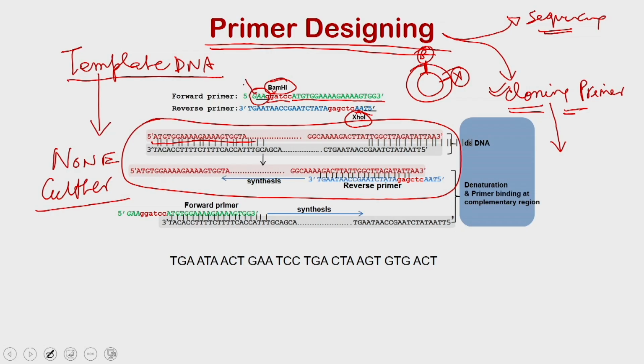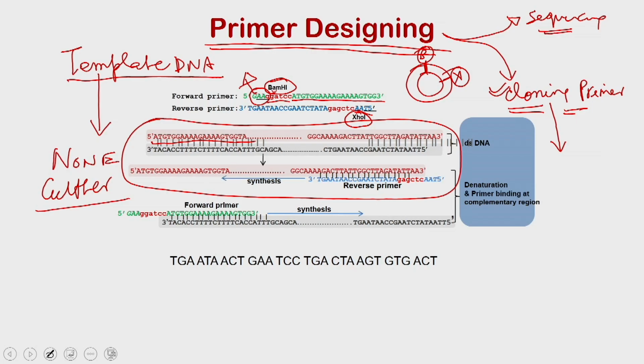So, G is added onto the forward primer simply by ensuring that there is a GC clamp, so that once you put this forward primer onto the template, it will go and stick to the template.